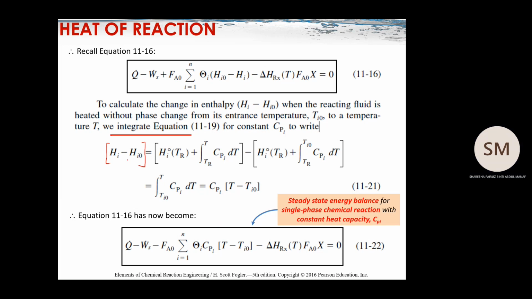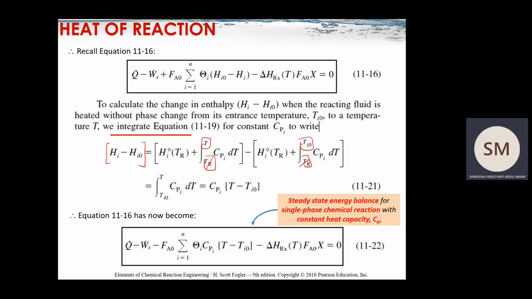This can be equal to Hi naught Tr at the reference temperature plus the integral from Tr to T of Cpi dT, minus Hi naught Tr plus the integral from Tr to Ti naught of Cpi dT. So the difference would be this one, and this one can be cancelled.